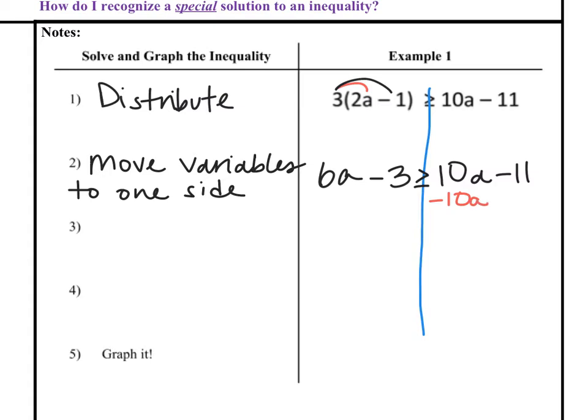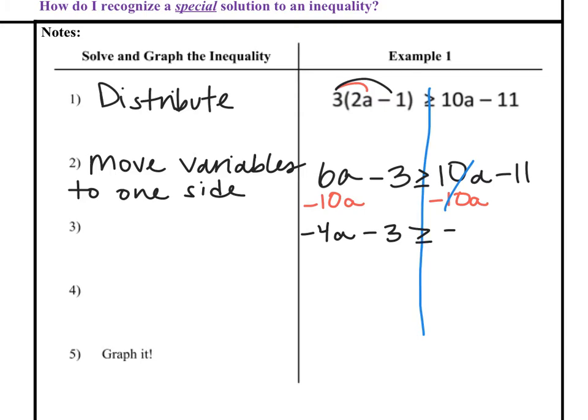So I will subtract it because it's positive and I'm moving the whole thing. That's gone now. So my new equation should say -4a. Some of us need to start using a calculator to check our work when we're subtracting, especially when it involves negatives.